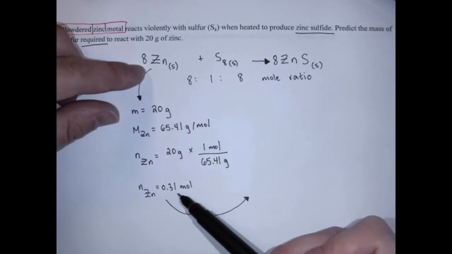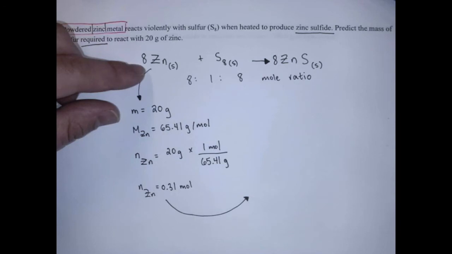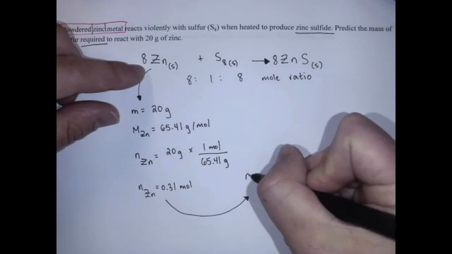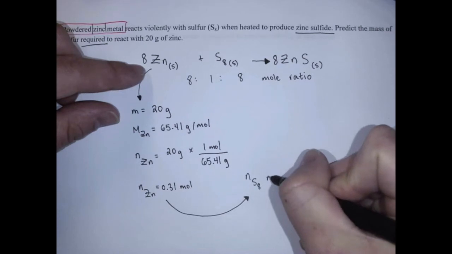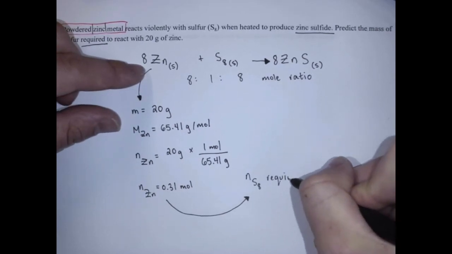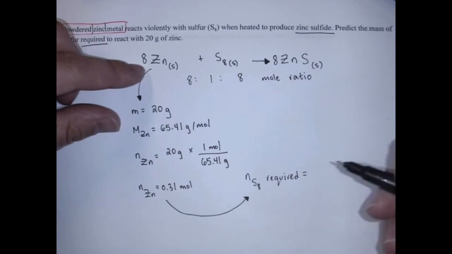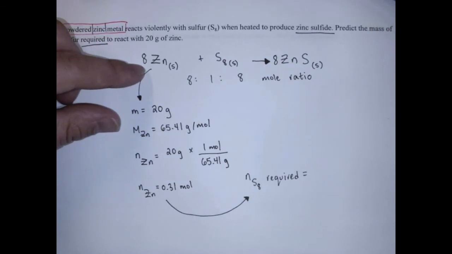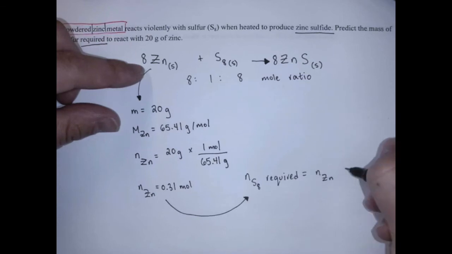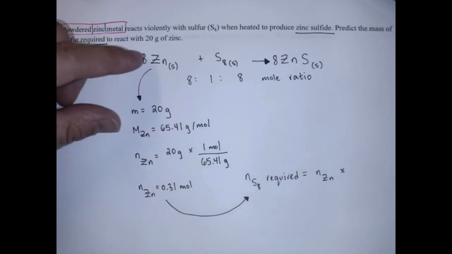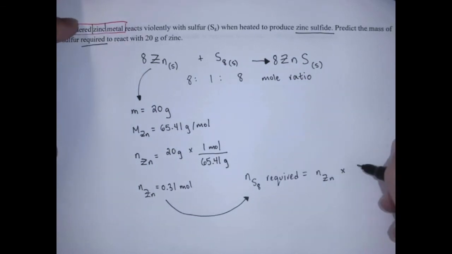So my number of moles of zinc was roughly 0.31 moles. My number of moles of sulfur required equals my number of moles of zinc times the mole ratio.